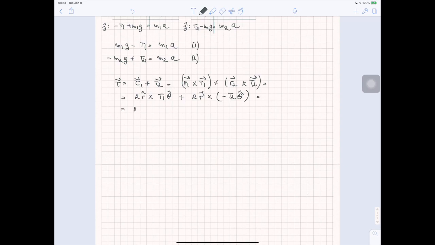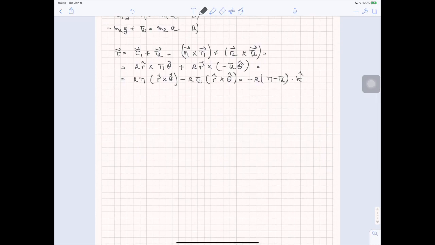So now we can work this out. Let's separate the scalar quantities from the unit vectors. So we have R T1 R hat cross theta hat minus R T2, let's take this out, minus T2, and then we have left R hat cross theta hat, which is k. So now you can take this all out. The common factor is k hat and r, so then we have minus r (T1 minus T2) times k hat.